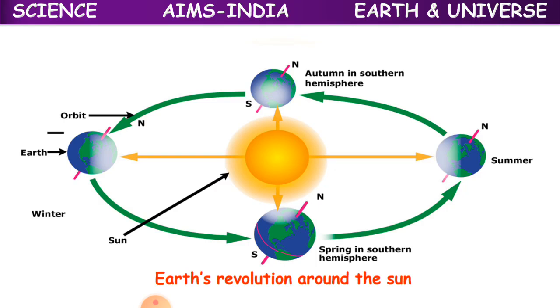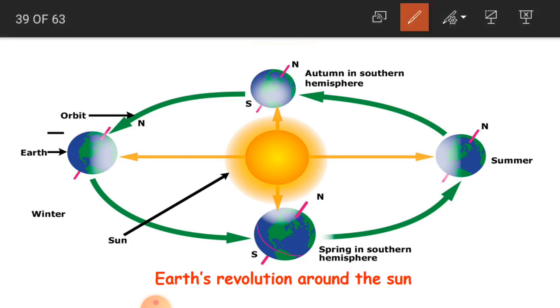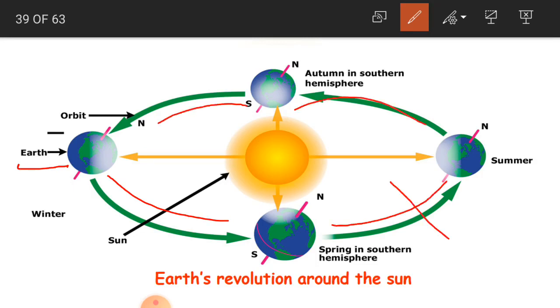Now see here the same thing I have explained, again in a diagram picture, children. This is the earth, and it is going to revolve around the sun, taking around 12 months. The side where the sunlight falls on the earth will be having summer.